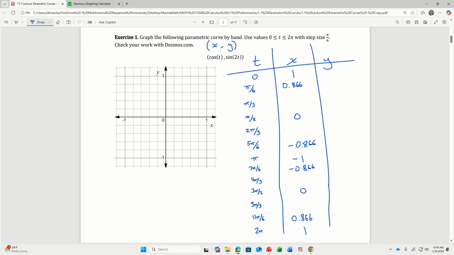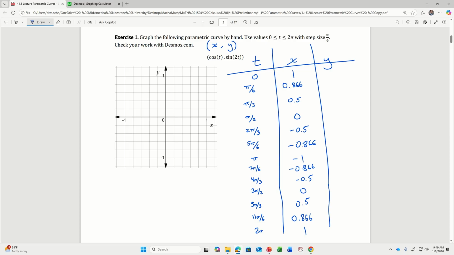Cosine of pi over 3 is 1/2. Okay. And then for the y coordinates, we have to do sine of 2t, not just sine of t.